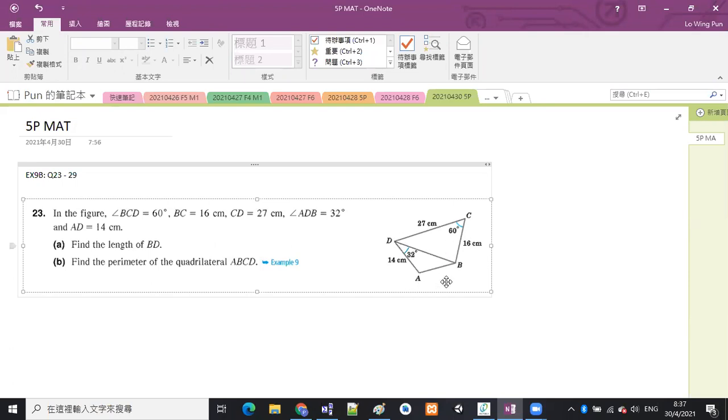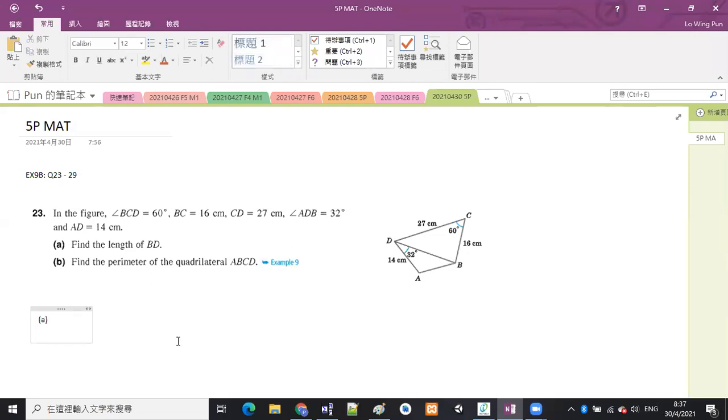So in triangle ABD, we just have 14 cm and 32 degrees, 2 information. But in triangle BCD, we have length, angle, length, okay? We have 3 informations. So we can use triangle BCD to find the length of BD, okay?